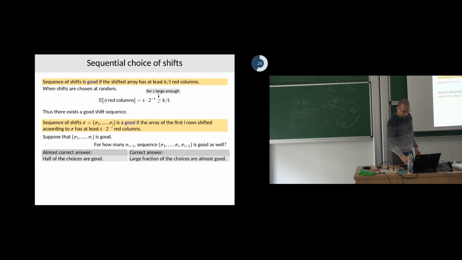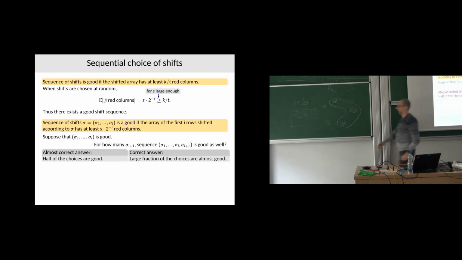But it's not true in the pessimistic case; it doesn't have to hold. Something quite close is true, though. Although not half of the choices are good, we have some control over it. A large fraction of the choices are almost good.